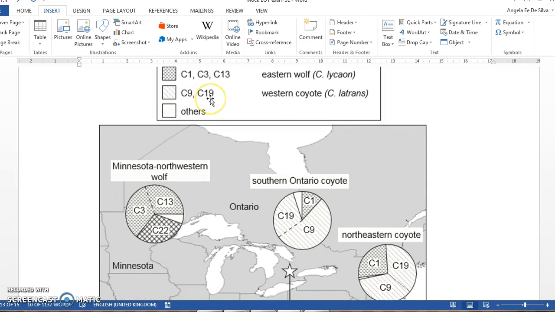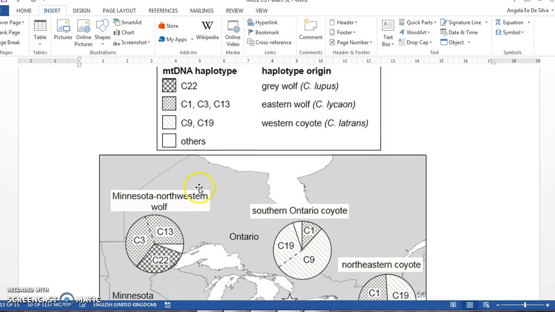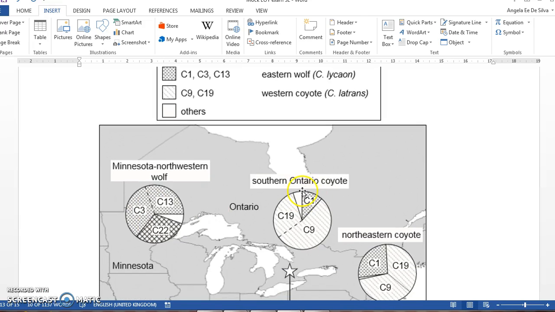If you look at C9 and C19, you only see them on these 2 here, but you do not see them here. So therefore, the common ancestor is Eastern wolf. And I will mention specifically why I say that. You have to mention that Minnesota Northwestern wolf has C3 and C13, and Southern Ontario and Northeastern Coyote have C1 haplotypes from the Eastern wolf.